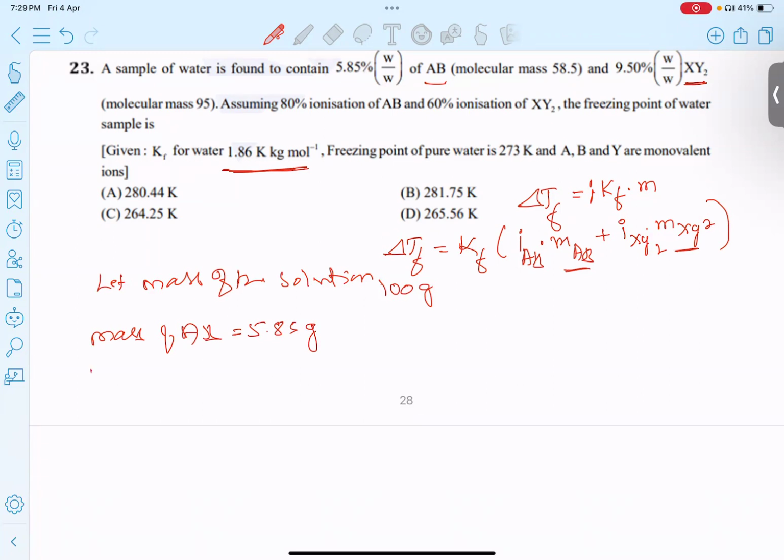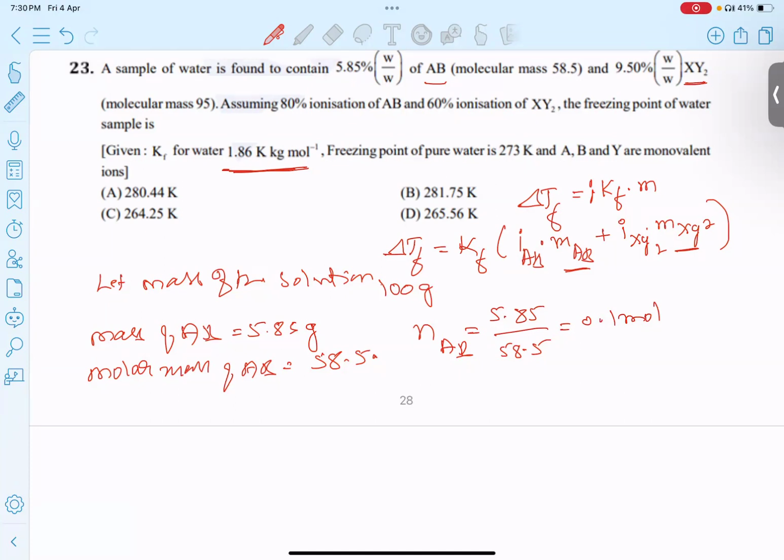Molar mass of AB is given, 58.5 gram. Therefore, number of moles of AB is equal to 5.85 divided by 58.5, that is equal to 0.1 mole. So number of moles of AB is 0.1 mole.